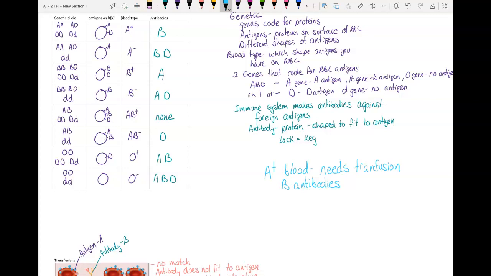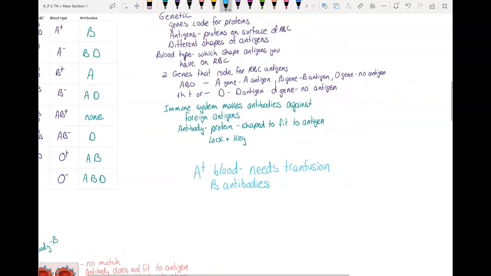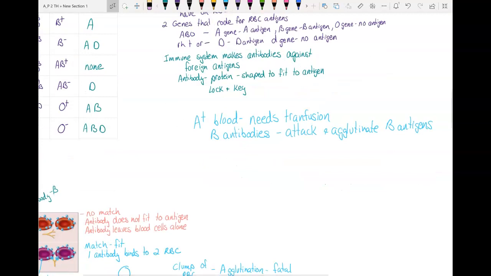Well, if you have B antibodies, that means you will attack and agglutinate B antigens. Agglutination is a bad thing. You don't want it. So if you will agglutinate B antigens, that means we cannot put any B antigens into you. So you must avoid B antigens.